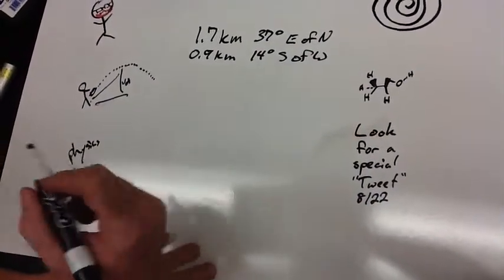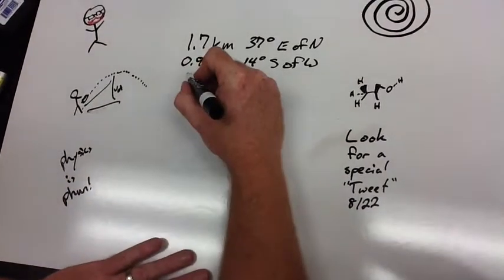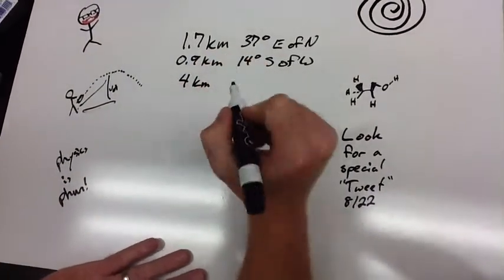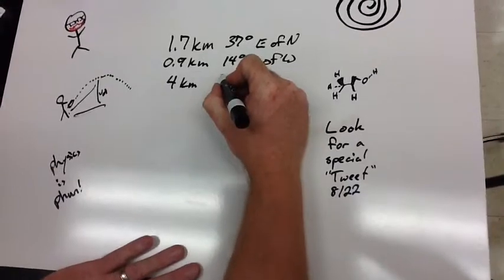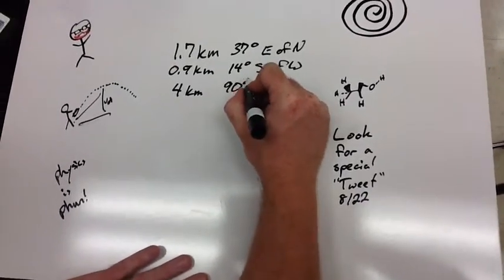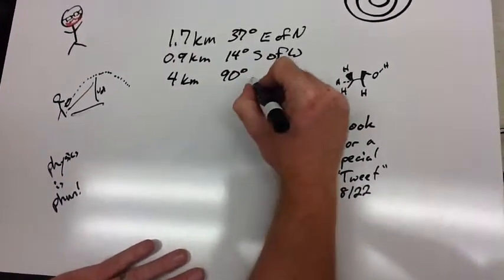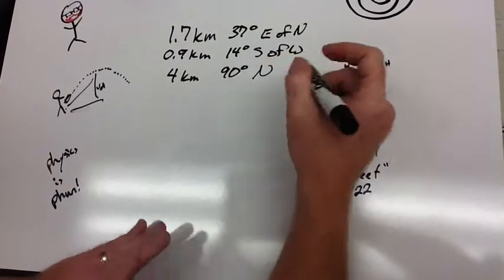Alright, from this point, we're going to take another turn. Here we're going to go 4 kilometers. We're going to make it a little bit easier on you, though, and we're going to go at 90 degrees north. So what that means is we're going due north.